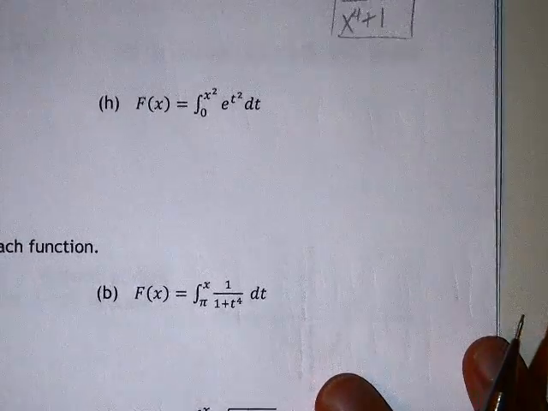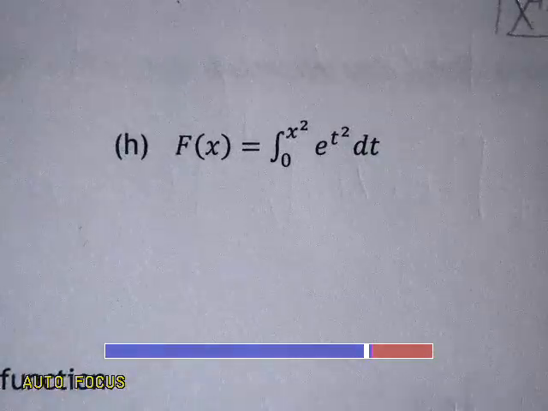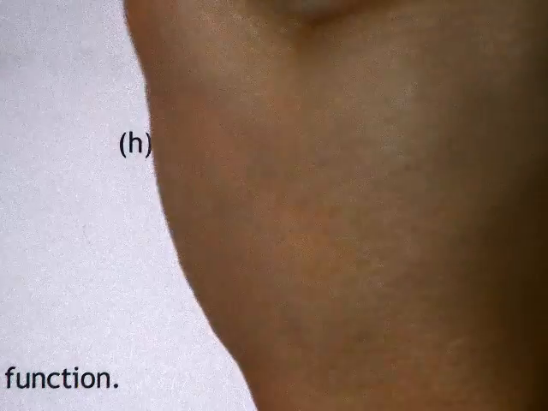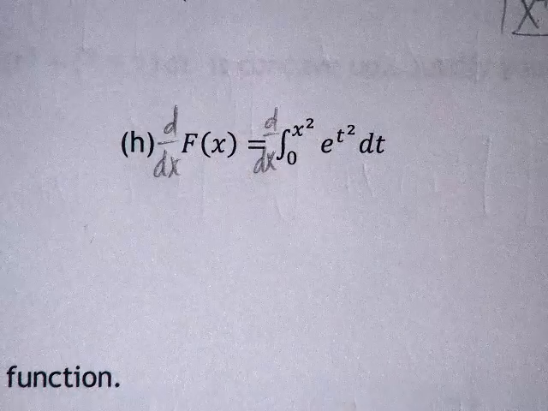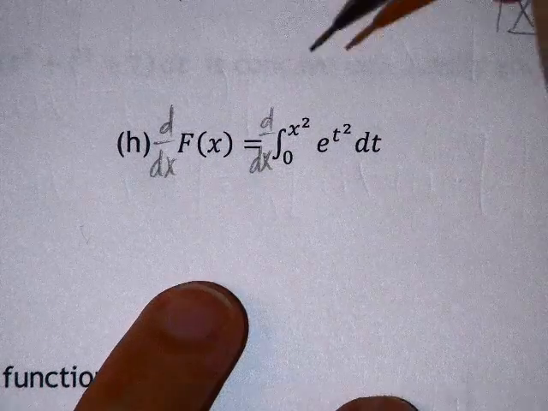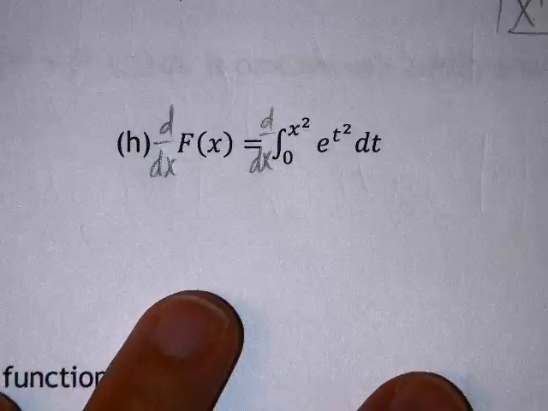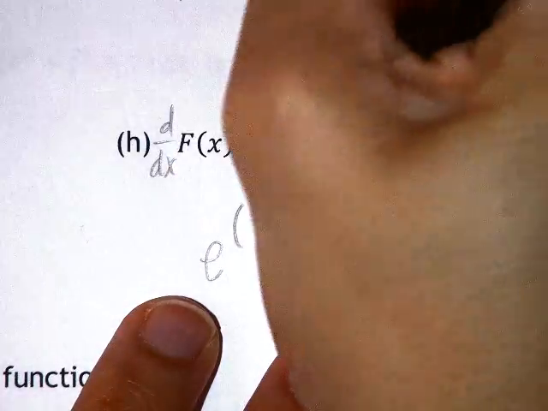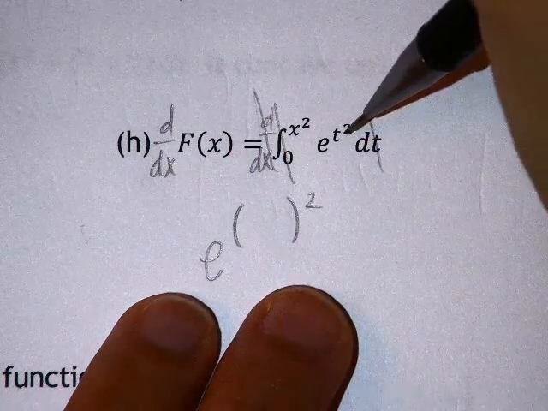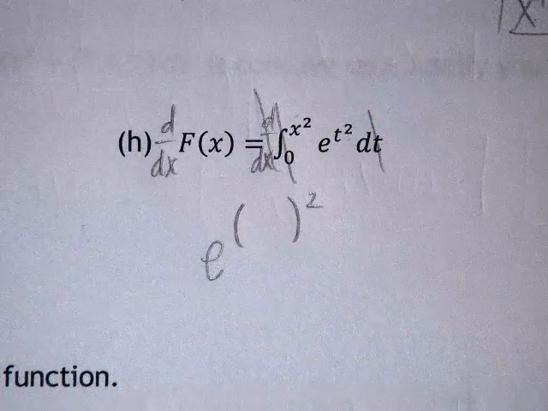So in letter H, same idea. Let's go through the motions and just practice the steps. First thing I'll just do for formality's sake is remind myself that I'm taking a derivative, just so I can remind myself of why I'm doing this. So step 1: derivative, integral, cancel. Step 2: write out the original function, just leave a space and replace my dummy variable with the upper limit.